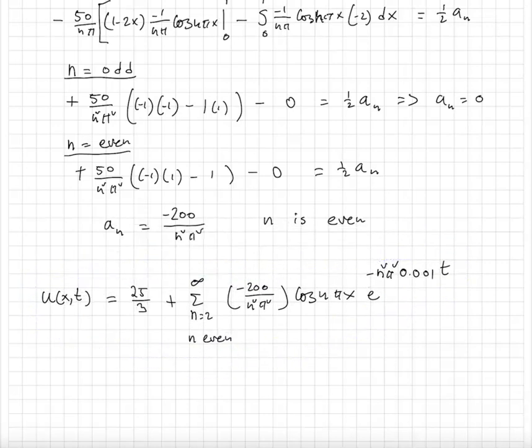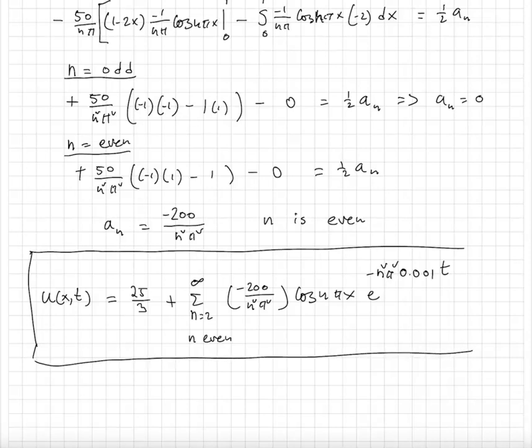So the solution of heat equation for Neumann boundary condition for the given initial condition is this.